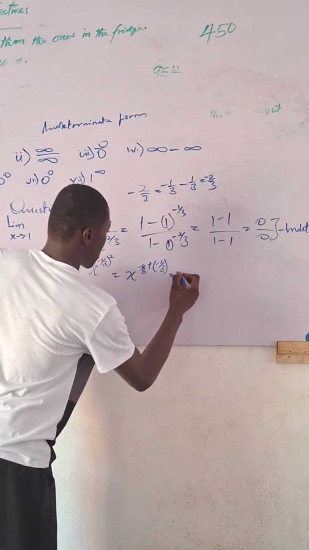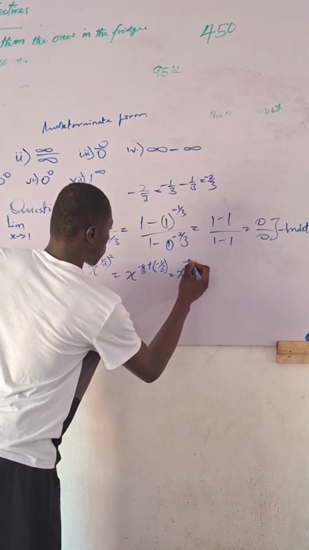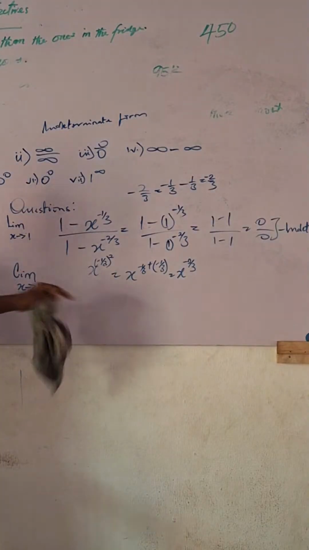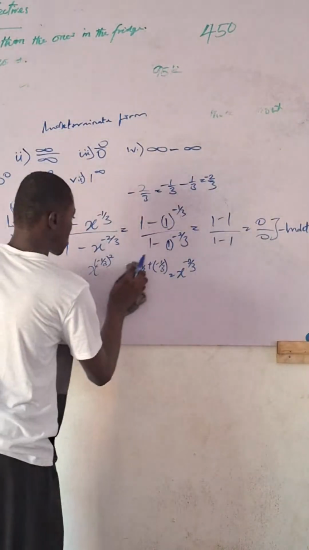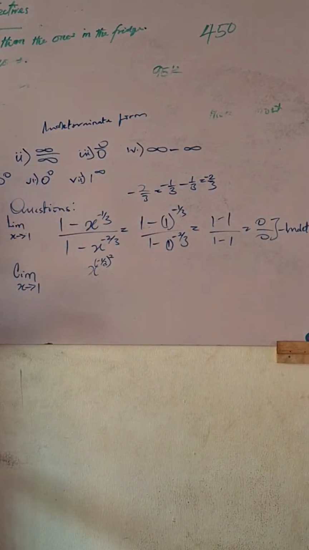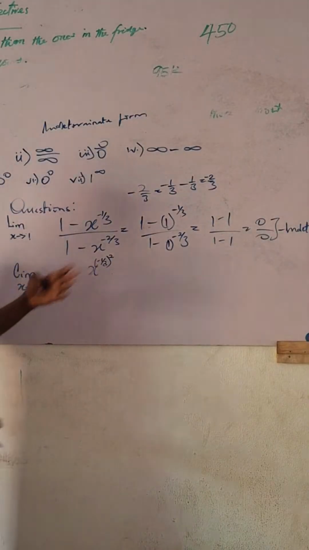This is now x raised to the power minus 2 over 3. You understand? Is that true? It's true. I thought the square would be like multiple. Okay, square of it, yes. That's good.